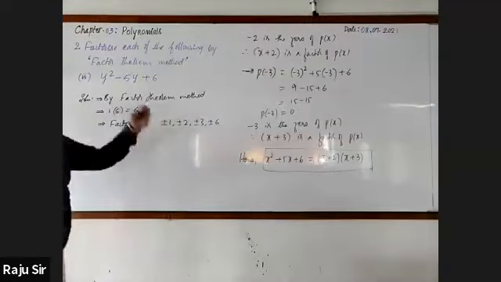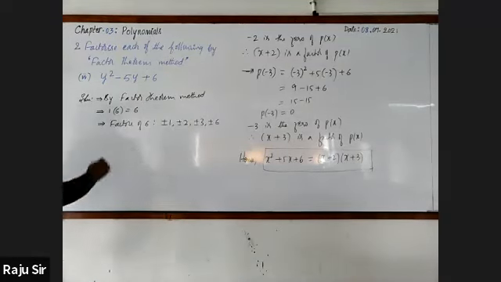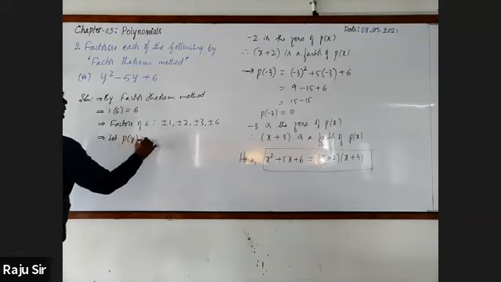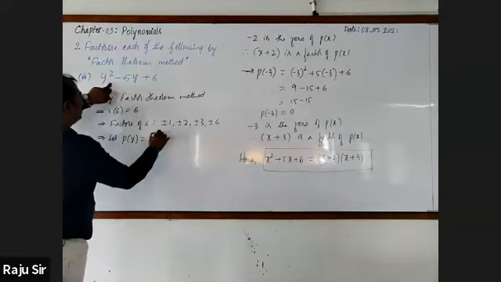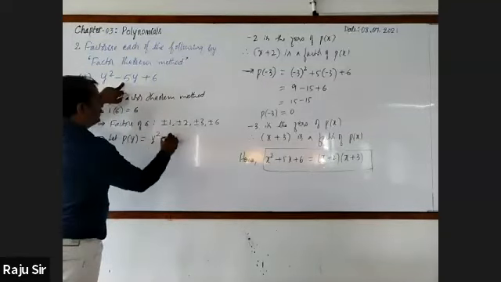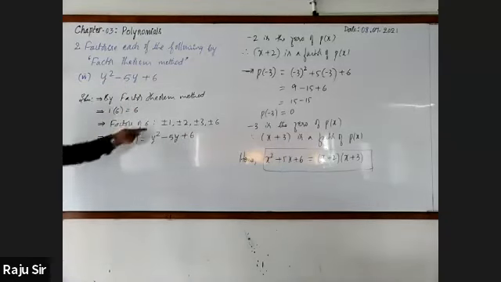You need not write all, only few are enough. Now let us assume the given polynomial as p of y. P of y is equal to y square minus 5y plus 6. Can you tell which number is the zero of this polynomial?